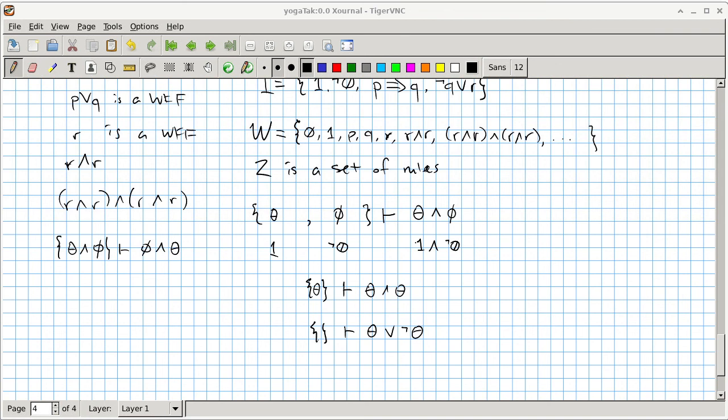So using this, knowing that 1 and not 0 is a true well-formed formula, I can look at this and instantiate and say, okay, that meets the pattern because the last operator of 1 and not 0 is an and, right? And it is true.